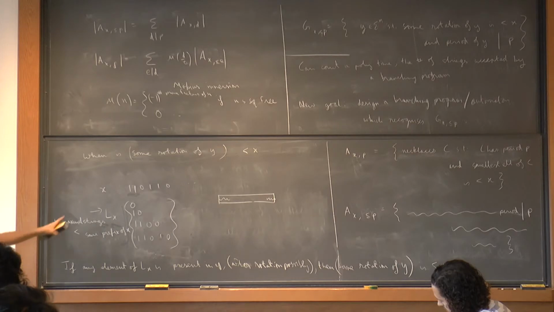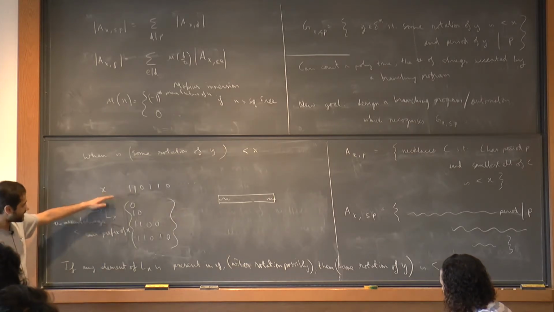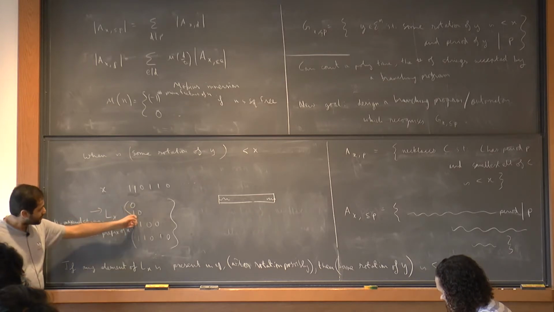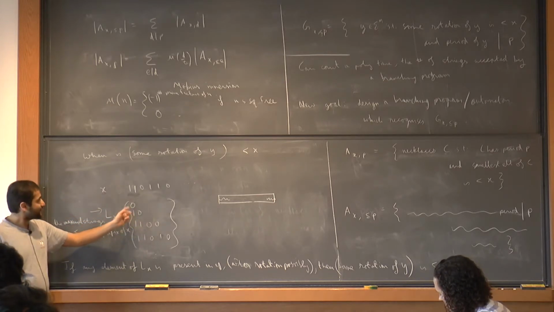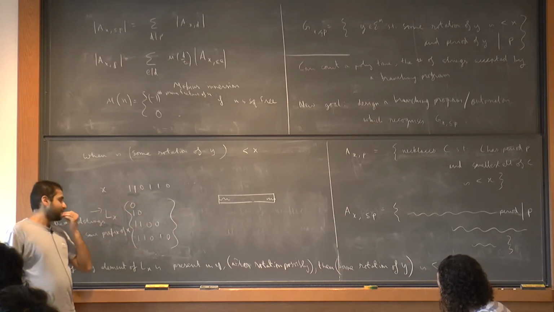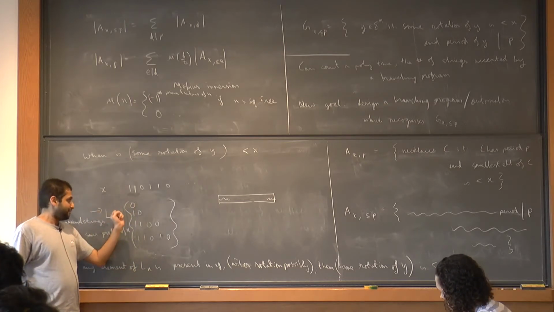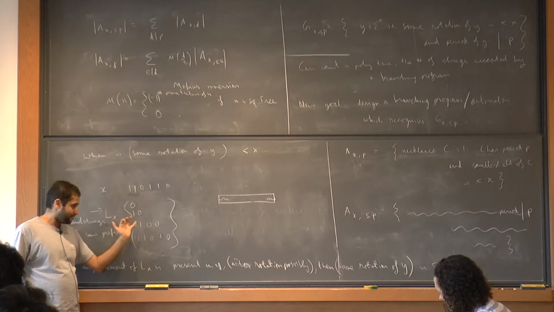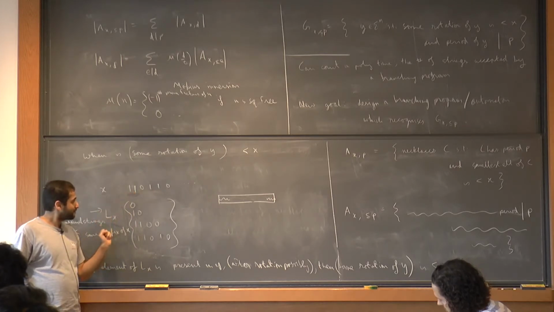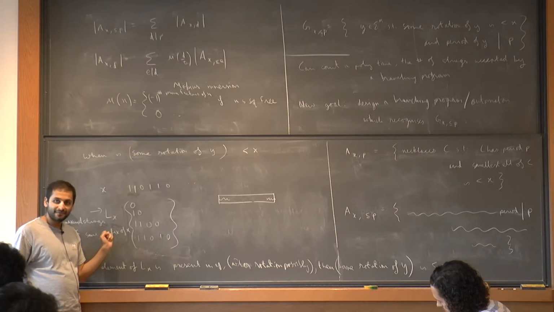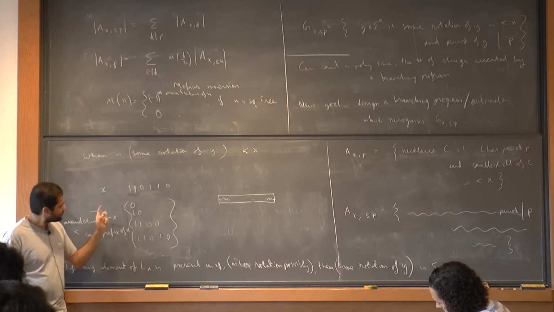So did everybody follow what this reduction was? So I took the string x, I looked at the longest prefixes of, how do I say this? I think it was clear. No, just say it again. Okay, good.